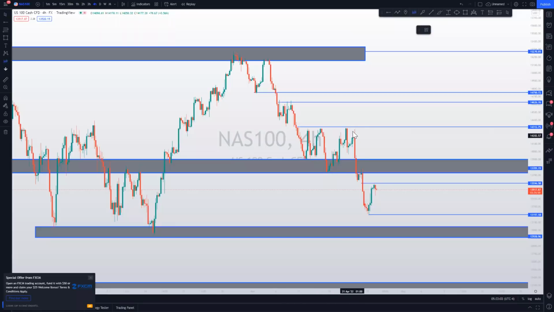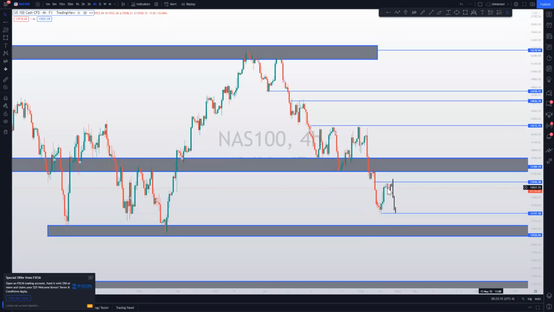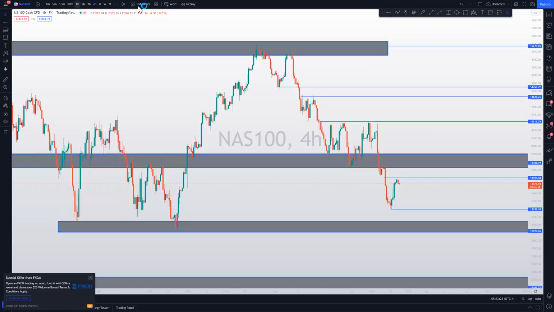Here's a good structure. You take this impulse, you go down with it, and you put it like this. So this is what you need to expect on Nasdaq right now. Do you understand? You need to expect a double top there because we are about to sell. So from the 4-hour, we're going to rush to the what?